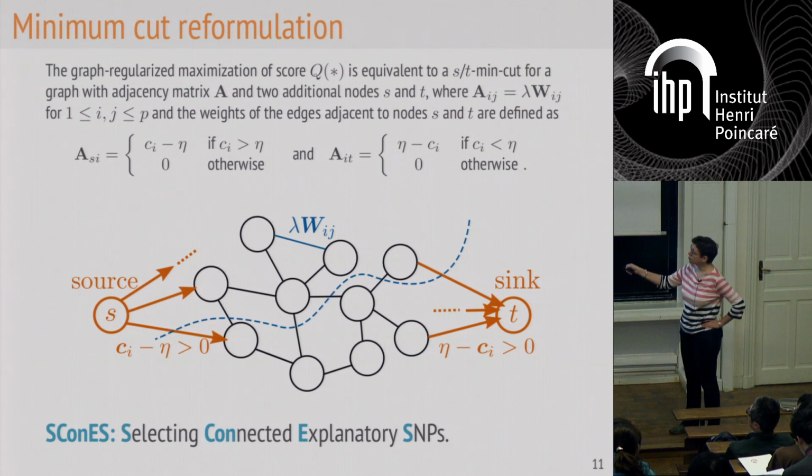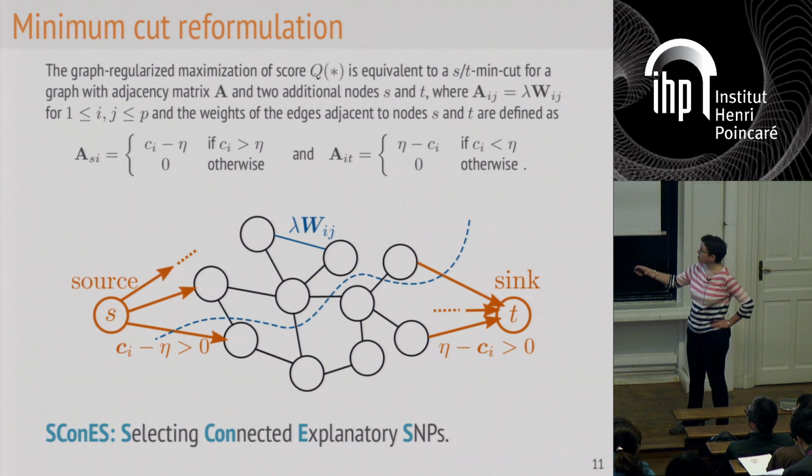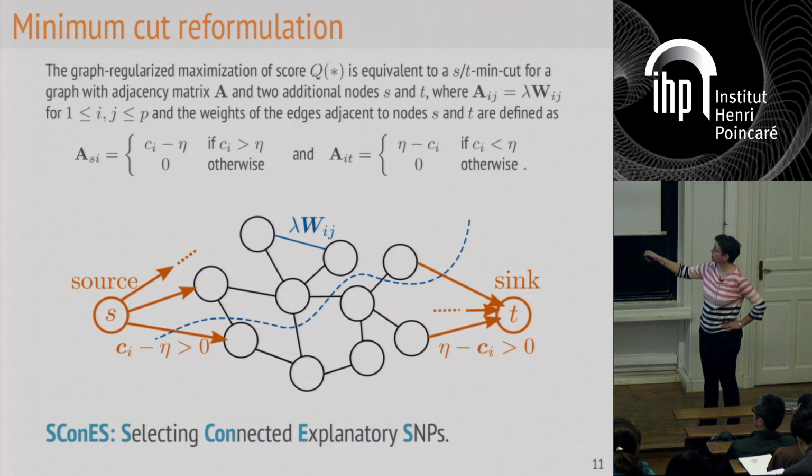And you have a way to transform. So this is the score of a node, and this is the regularization parameter that's in front of the sparsity term. You can connect the source to one of your features, or your features to the sink, depending on the sign of this term. And then it's a min-cut problem.